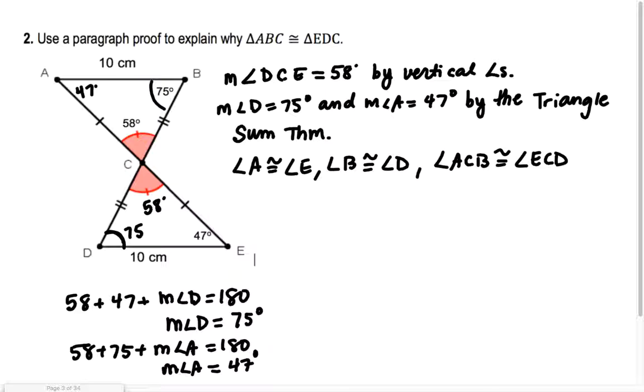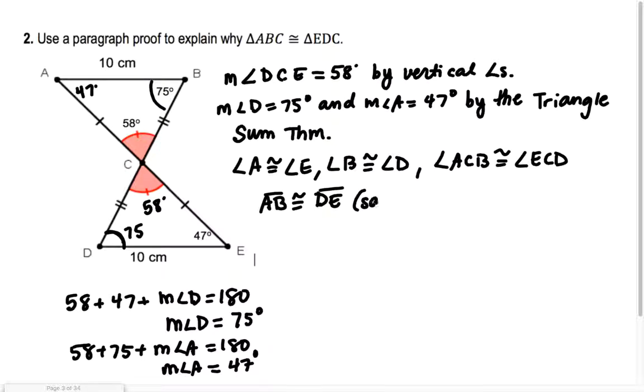Now what about the sides? Because if I can get all three angles are the same in each triangle and all three pairs of sides are the same, then we can say both the triangles are congruent, right? Are the sides all congruent? Yeah, that was kind of given to us, right? So we know that AB is congruent to DE, right?